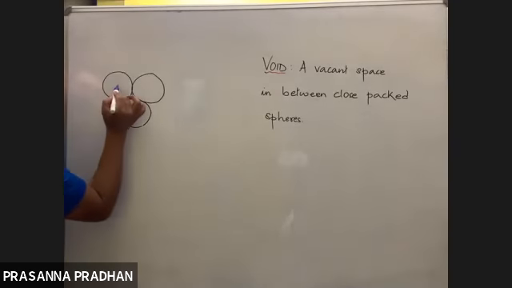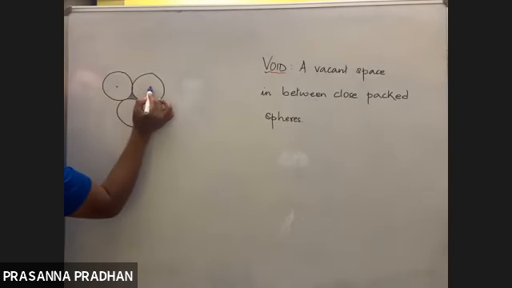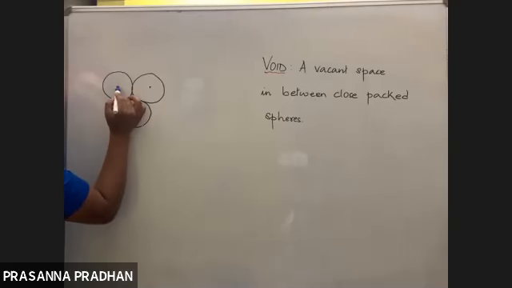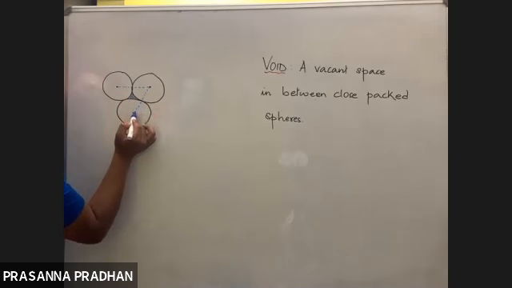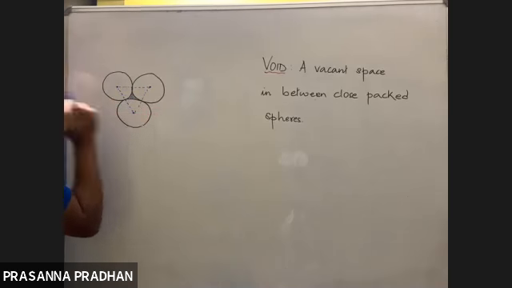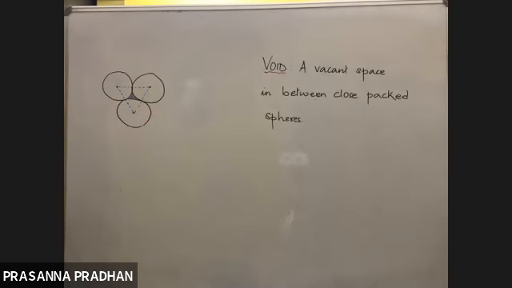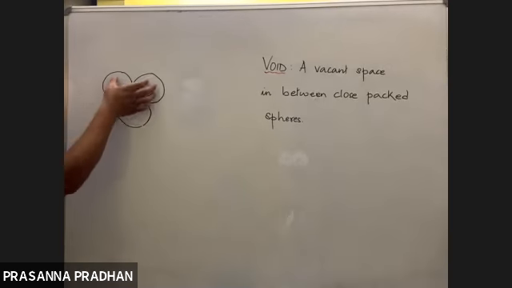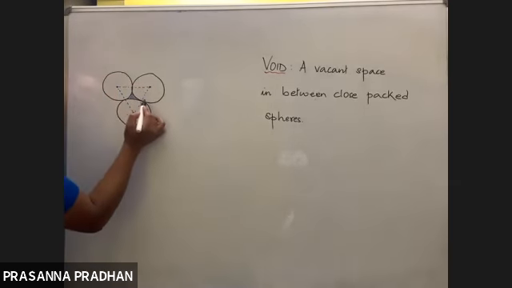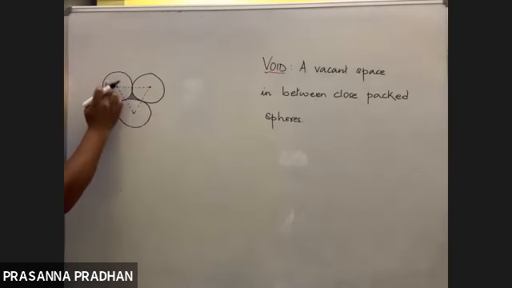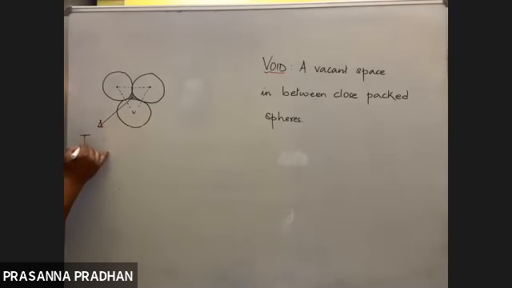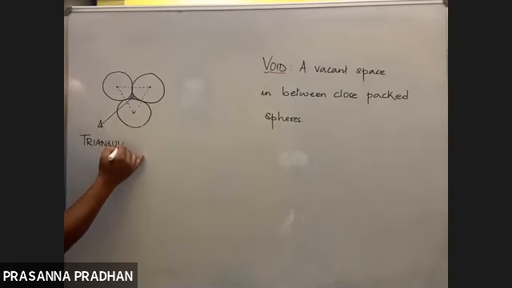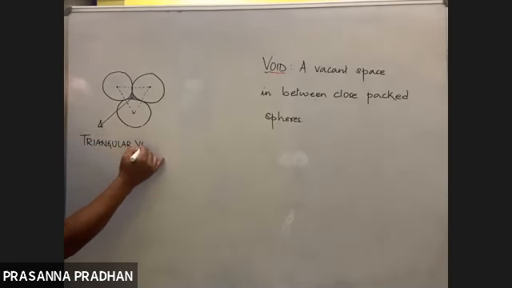Now, if I connect the centers of these three spheres, what shape will come, guys? Triangle. So this type of void, which is created in between these three spheres and has the shape of a triangle, is known as a triangular void.